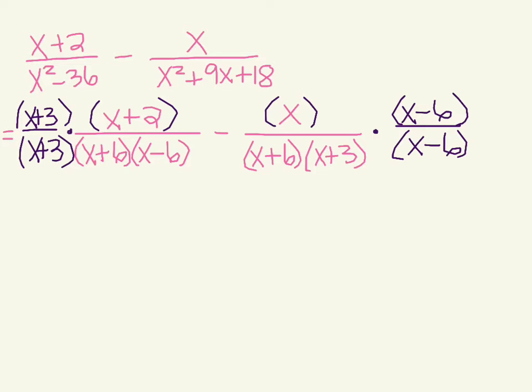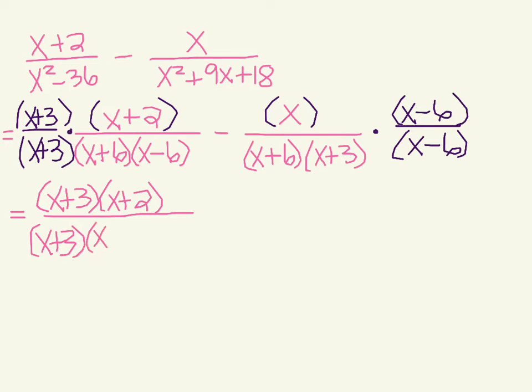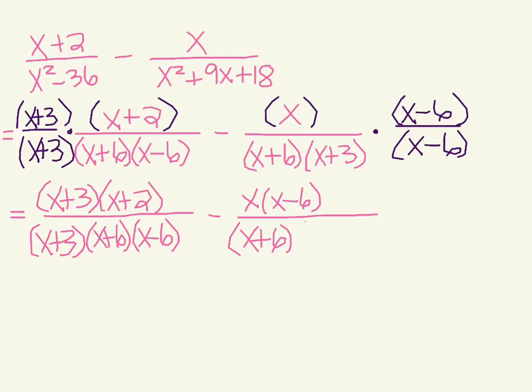Okay, so now we're going to rewrite this with all this multiplication happening. So this is going to give me x plus 3 times x plus 2 over x plus 3 times x plus 6 times x minus 6, minus x times x minus 6 over x plus 6, x plus 3, times x minus 6.